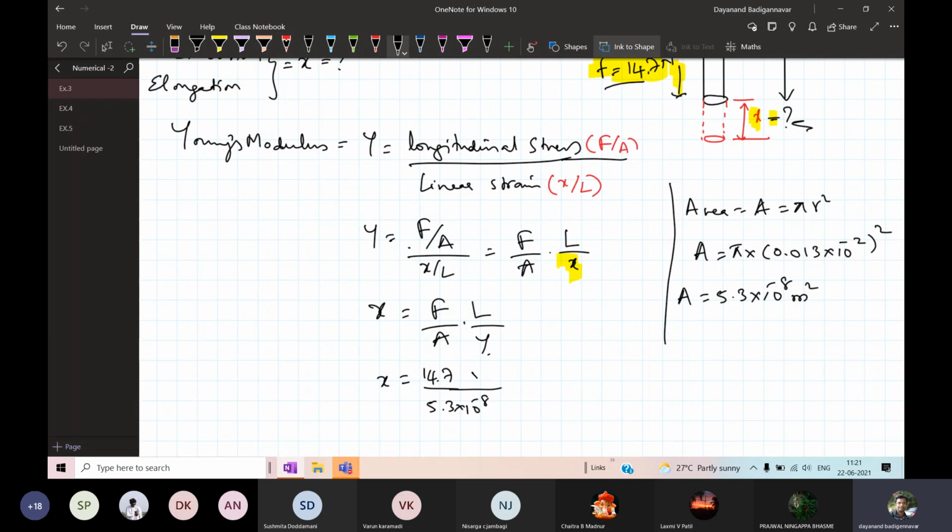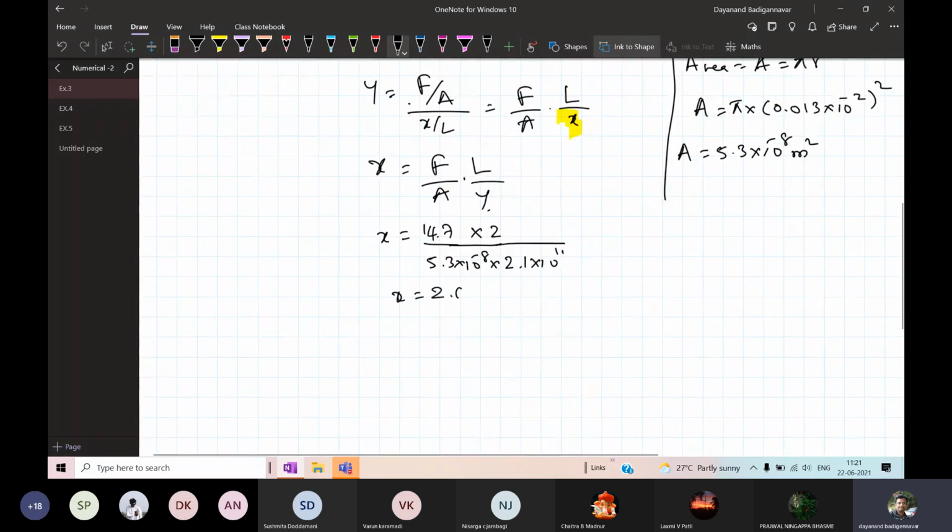Then you have length. The length is 2 meters divided by Young's modulus, that is given as 2.1 into 10 to the power of 11. Therefore, X is equal to 2.64 into 10 to the power of minus 3 meters, which I can write as 2.64 millimeter.